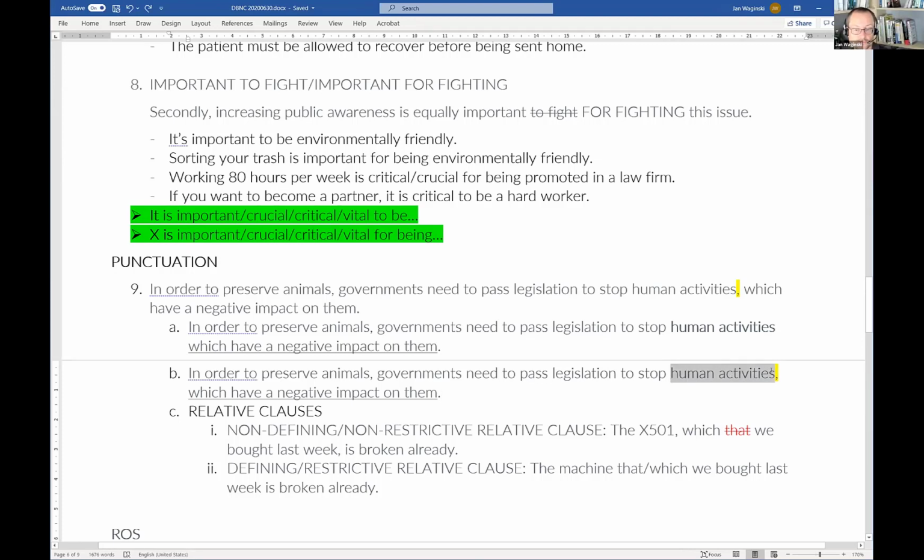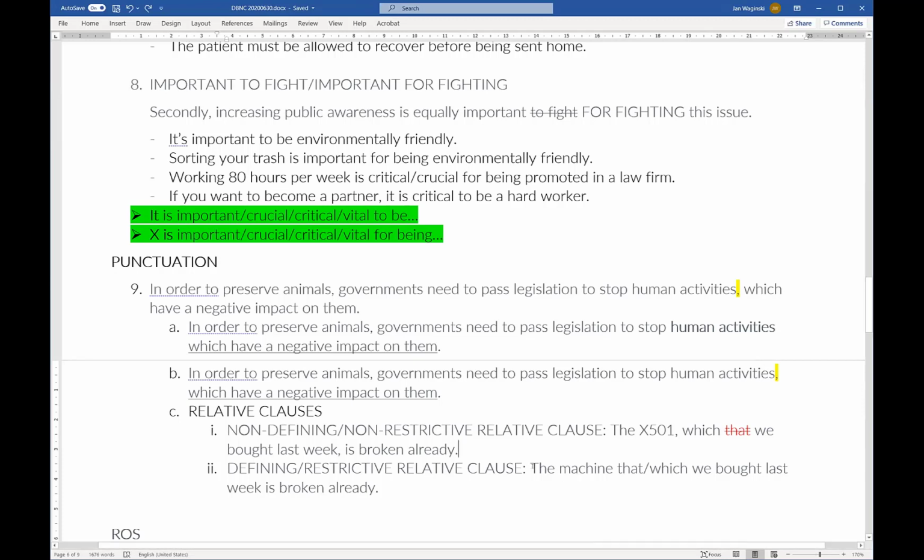This by itself is far too general, because that's not really what you mean. You're talking about a specific kind of human activity. I think when we talk about something general, this clause will be more explanation, so no need to put a comma. When we talk about something specific, at this point we need to put a comma.